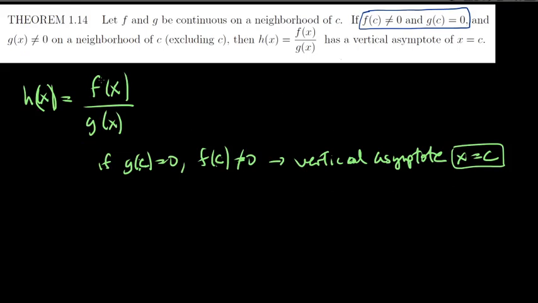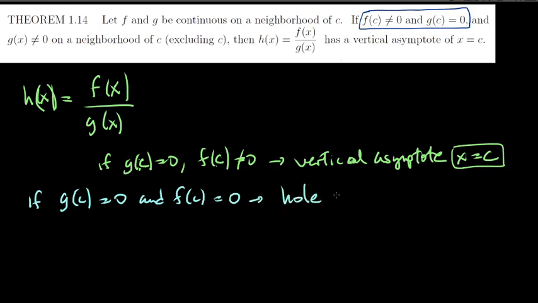If they're both equal to 0, and maybe that's not part of the theorem, of course, but if g of c equals 0 and f of c equals 0, then you probably have a hole at x equals c. But again, that's not the whole story. You have to check left and right, in a neighborhood of c.